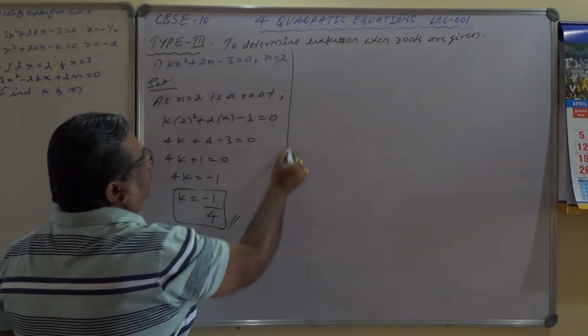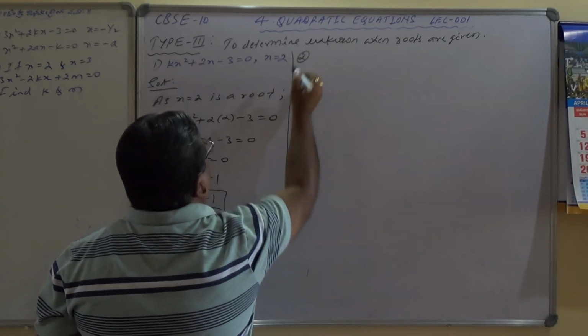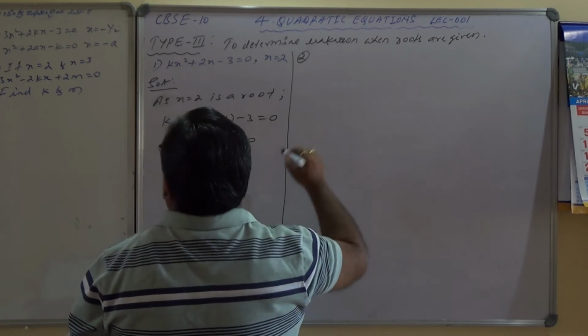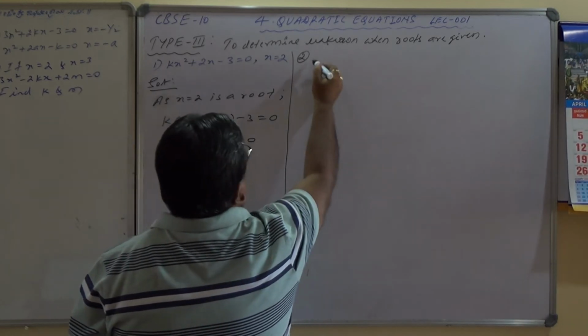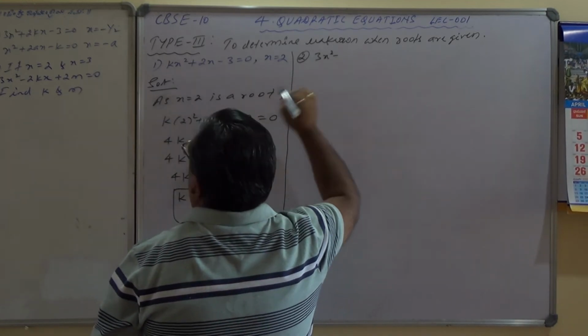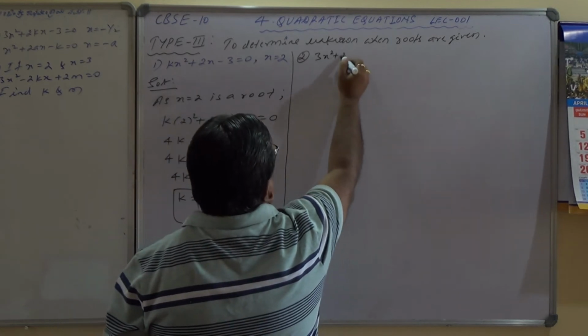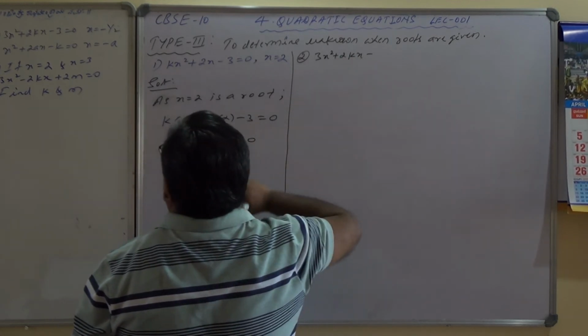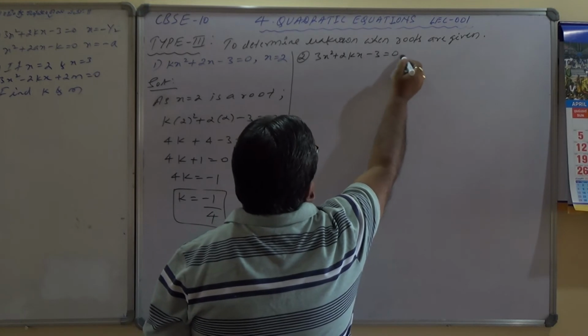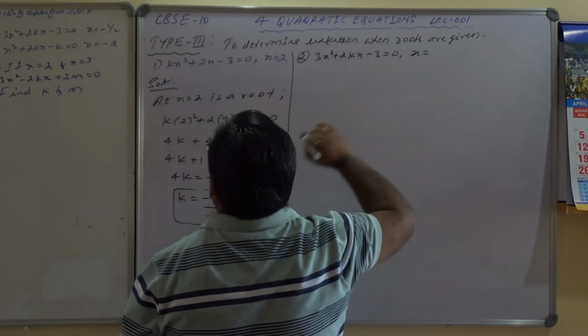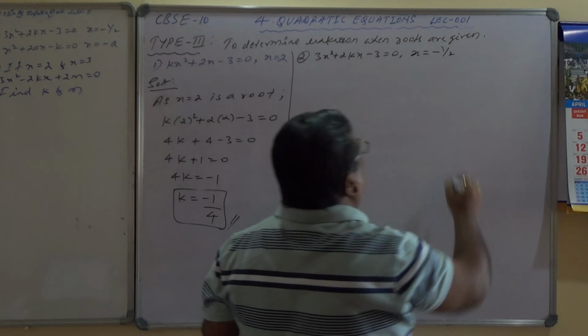Second one. 3x square plus 2kx minus 3 equals 0. x equals minus half is the root here.